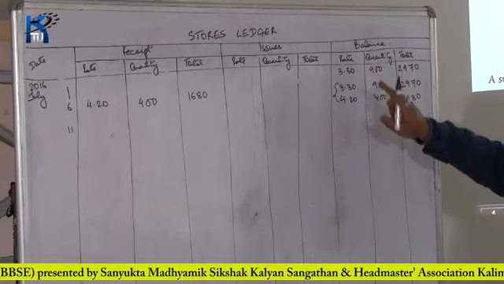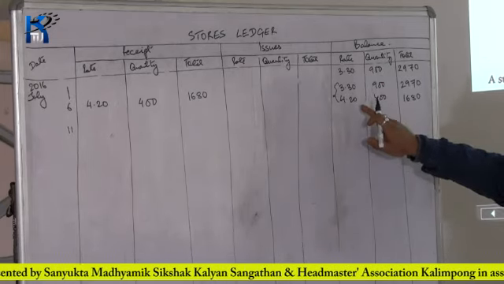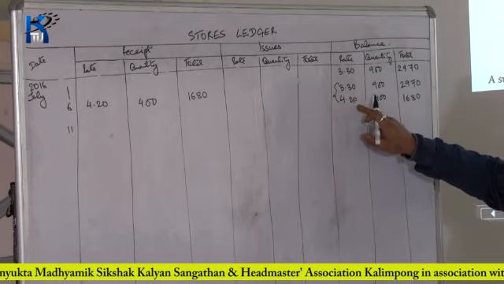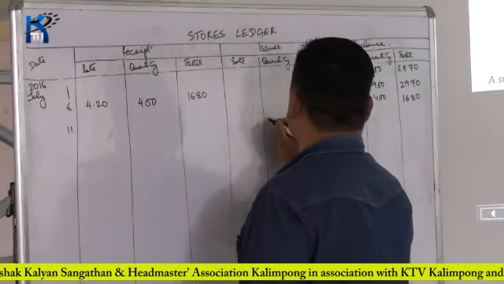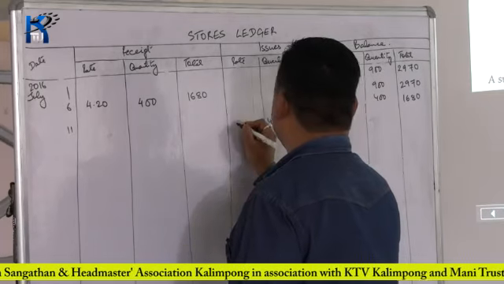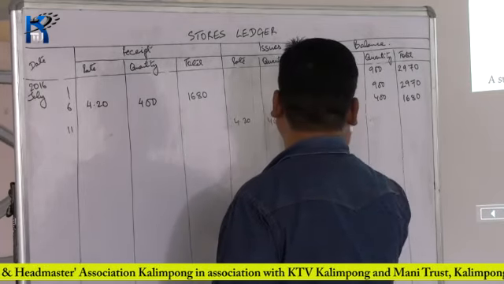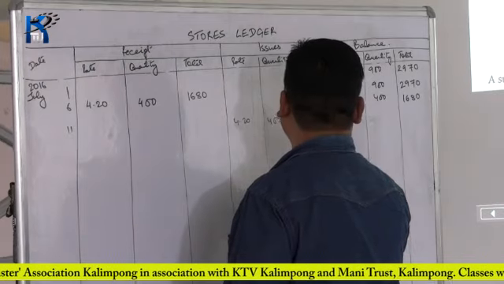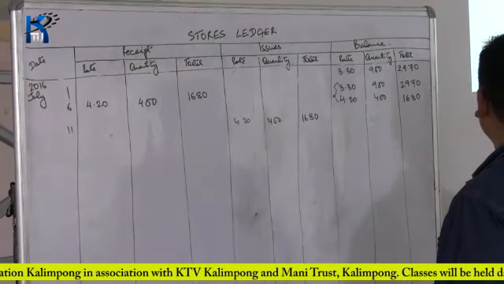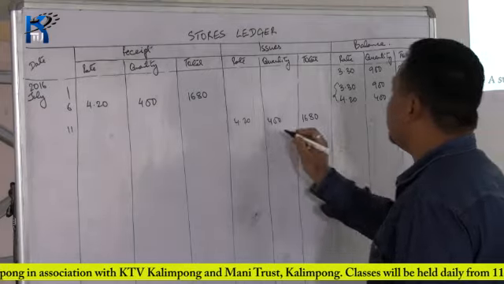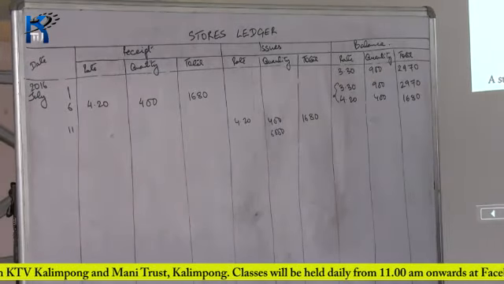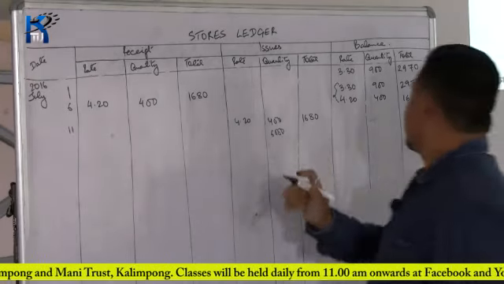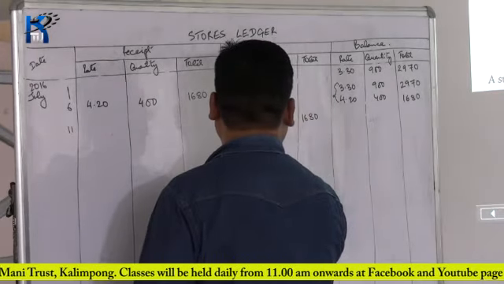That means when we are issuing on 11th, first issue will be made out of this batch, that is 400 units of rupees 4.20. All 1,680 has been issued, and the remaining 600 units, since we are issuing a total of 1,000 units, will be issued at 3.30.